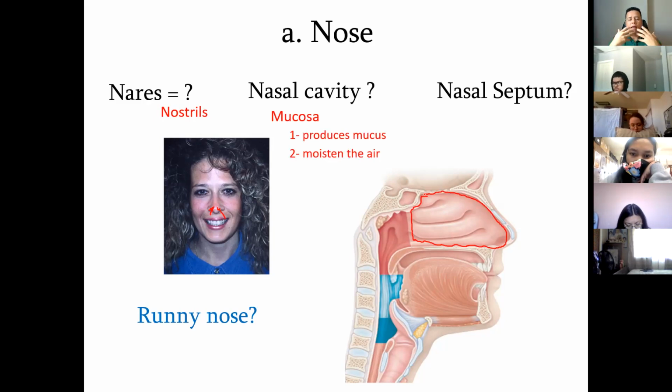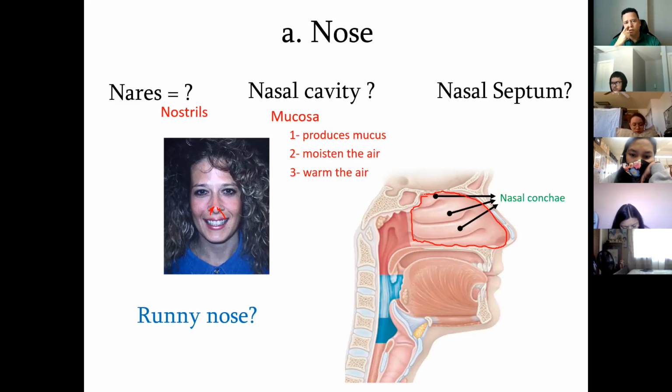As the air enters our nasal cavity, the air is going to be moistened, it's going to be carrying water, and the mucus also is going to warm the air, and the mucus also helps to trap microorganisms, fibers and pollutants, okay? We have what is called a nasal septum, which is a wall that separates the two nasal cavities. So this nasal cavity is a bilateral structure.